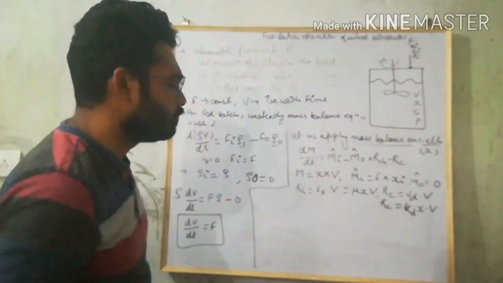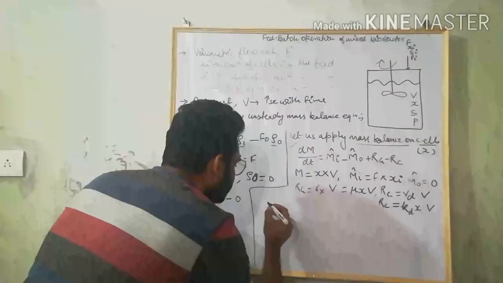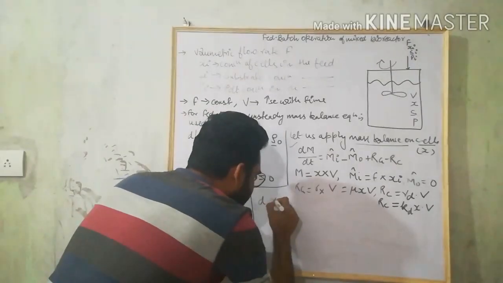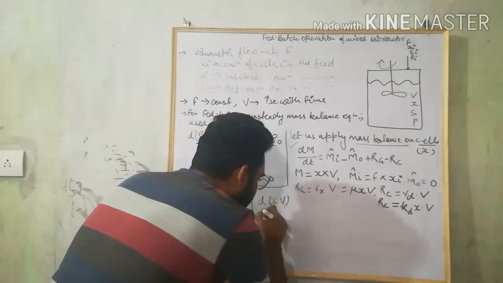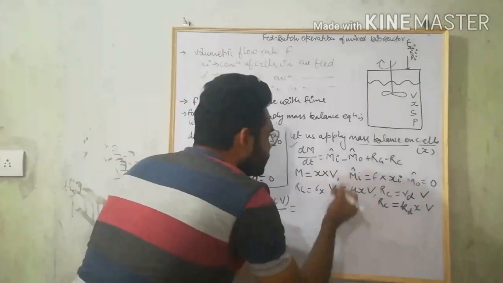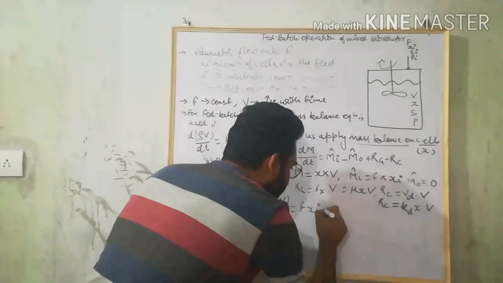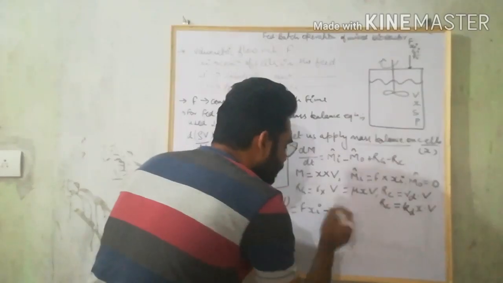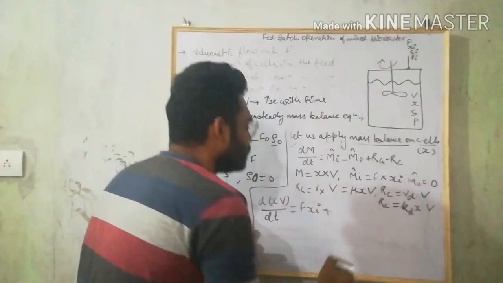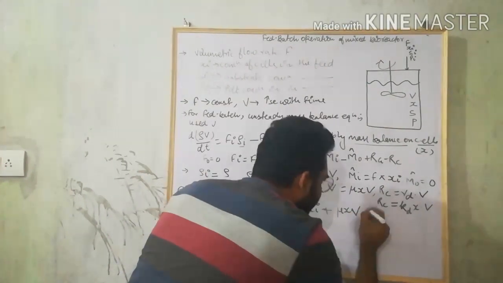So now you have all these terms. Now we can simply put all these terms in this general equation. Let us see how we are going to do it. So d of M, what is M? X into V upon dt equals, what is Mi? Mi is equal to F Xi minus Mo. Mo is 0, so I am not considering that. I am directly coming to plus Rg. What is Rg? This is mu x V minus Rc, what is Rc?